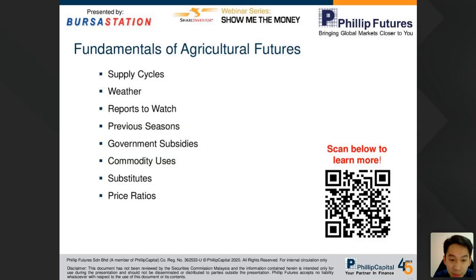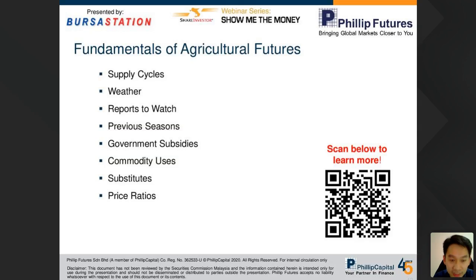Then commodity uses: how is the future commodity use affecting it? One example for crude palm oil is the recent hype on crude palm oil being used for biodiesel. With a new usage, you might expect the demand for a certain commodity to increase.